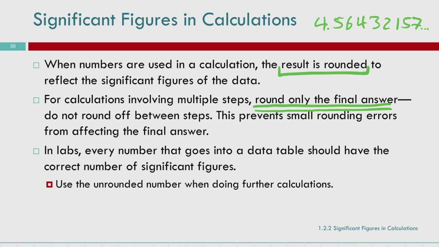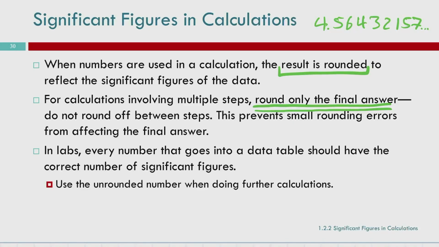This is because if you do a rounding, right, like if we round this 4.56 to 4.6, we've added 0.04. We've made a little change to it. If we multiply that by something, that 0.04 can start to build up if we do a couple of steps of multiplication or other steps.